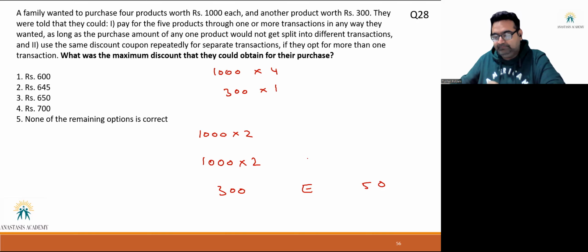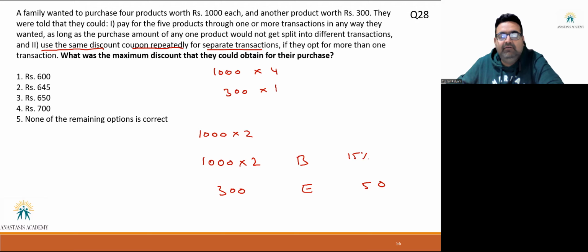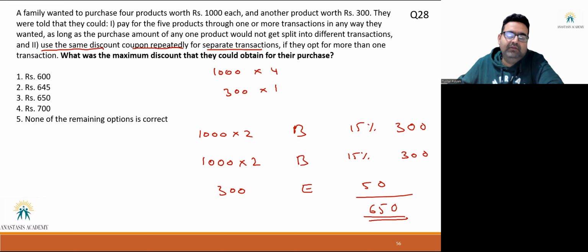Also, it was written somewhere that they can use the same discount coupon repeatedly for separate transactions. This was changed from the previous two questions. So here also I'll apply B, 15%, I'll get 300. Here also I'll apply B, get 15%, get 300. 300, 300, 50. I'll get final discount as 650.